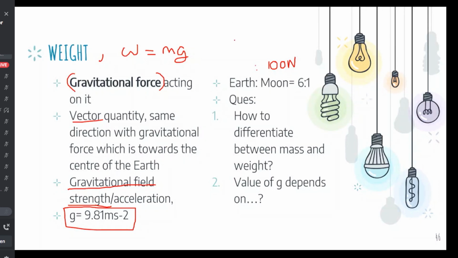Okay, very good, guys. So this will be 600 Newton. Yes, that's right, Yuan.